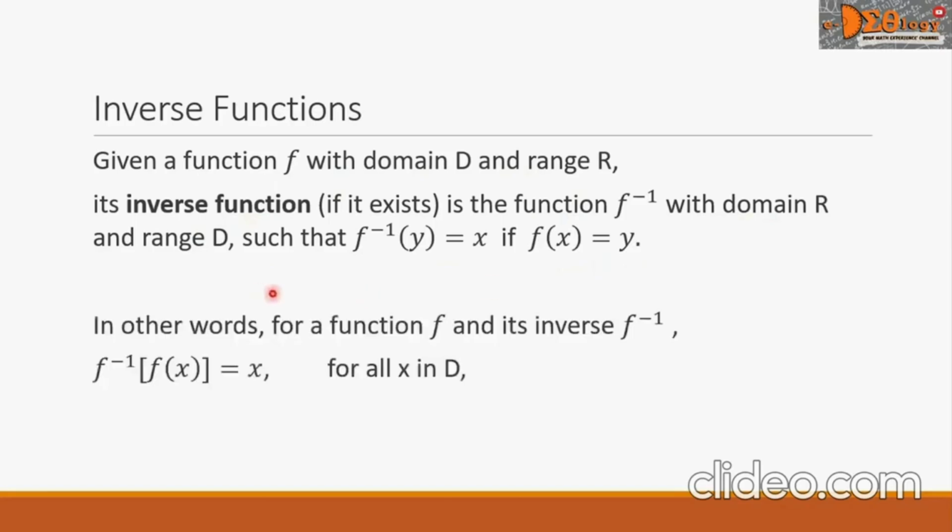In other words, for a function f and its inverse, f inverse of f of x equals x for all x in D, and f of f inverse of y equals y for all y in R.